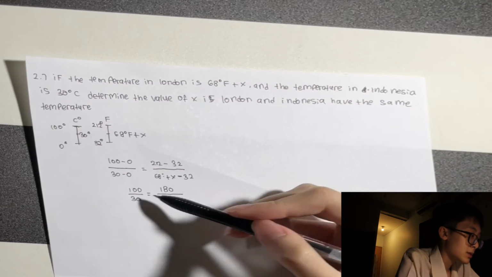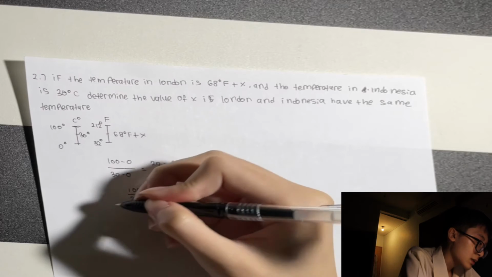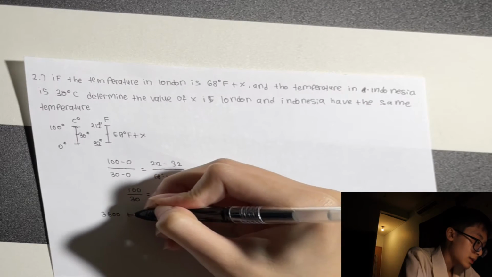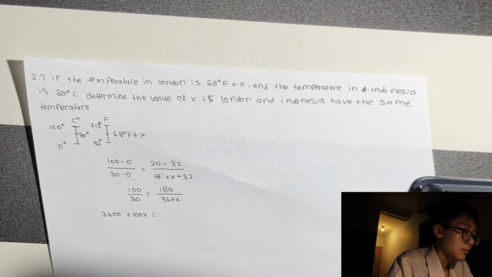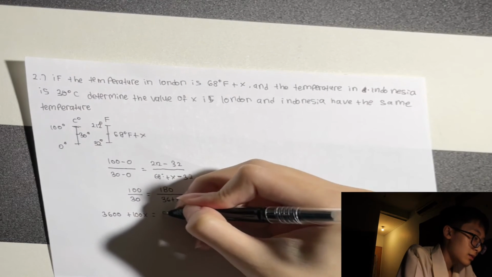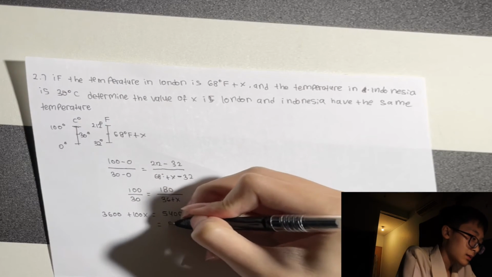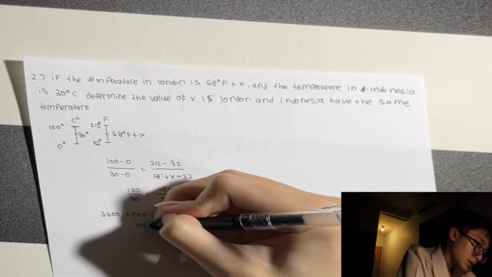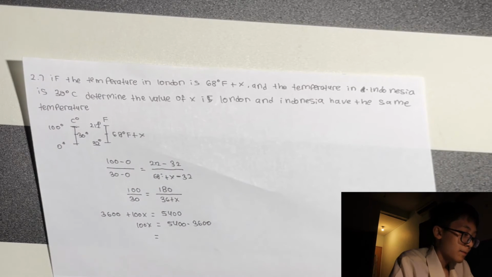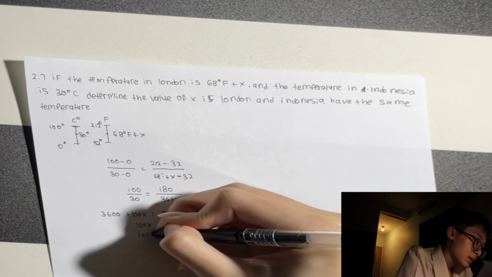So you just need to multiply it. 100 times 36 is 3600 plus 100x. 180 times 30 is 5400. 5400 subtracted by 3600, 100x. This will be 1800 and 100x.